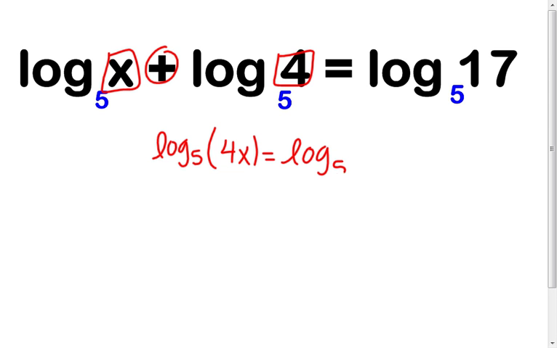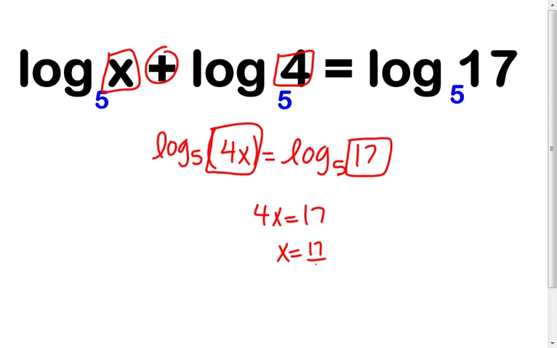And then I have log base 5 of 17. The only way these two sides of the equation are going to be equal is if this is equal to this. So 4x equals 17, and x has to be 17/4. I always want you to plug this in and remember that neither your base nor what's here can be negative. Of course, it's not here, so we're good.